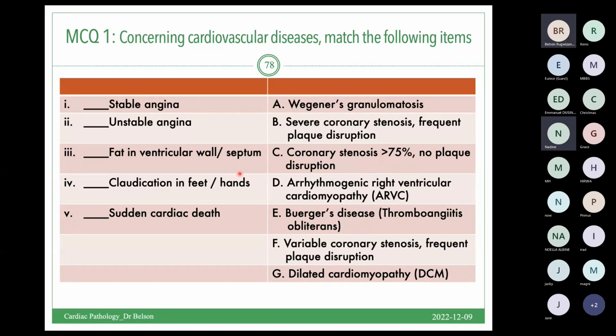So then sudden cardiac death. Variable coronary stenosis and frequent plaque disruption. So this one could go to two places. The first went to C. The second? The second went to, okay, B. What you mention is F. Okay, sorry.